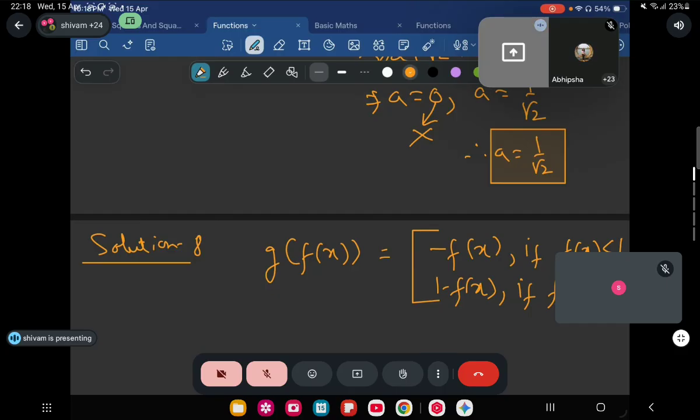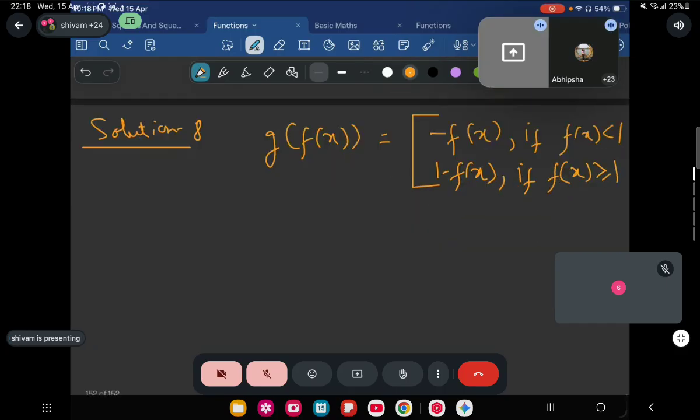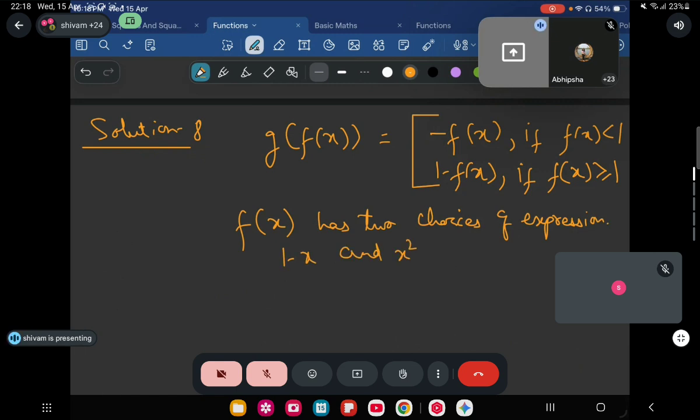Right? Now f of x has how many choices? f of x has two choices of expression. One is 1 minus x and another one is x square.